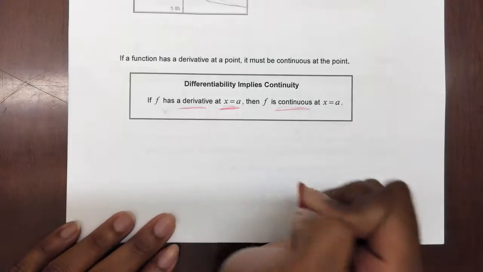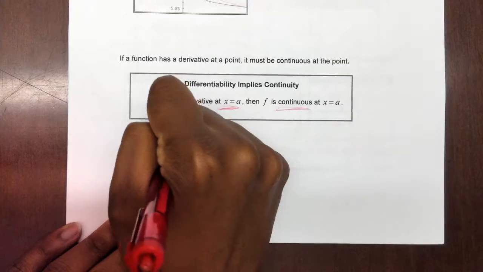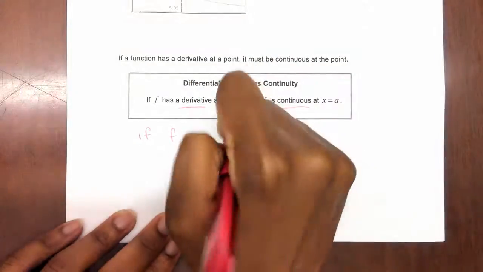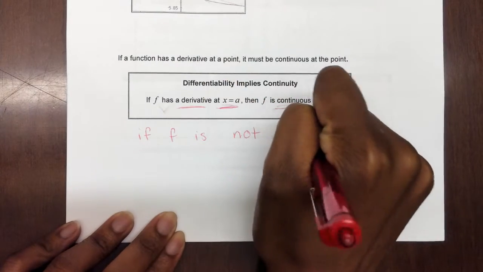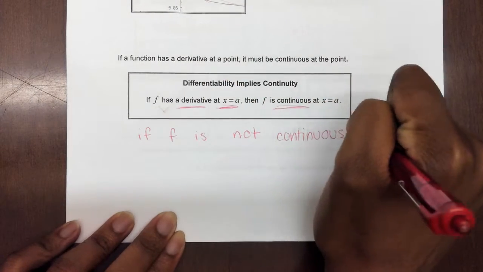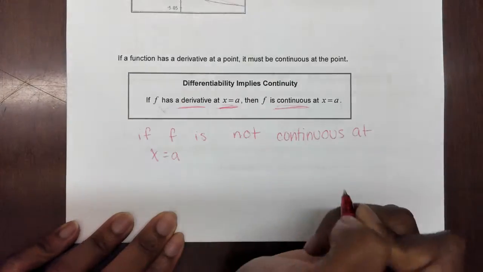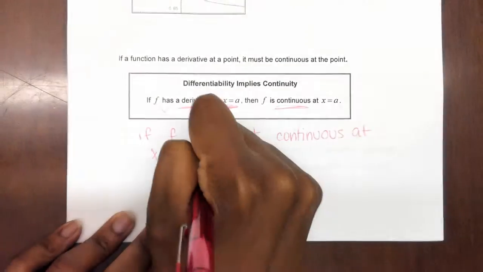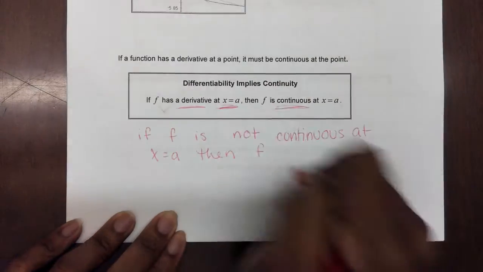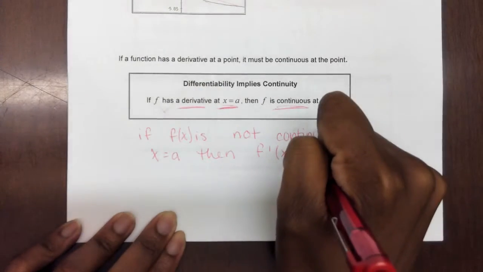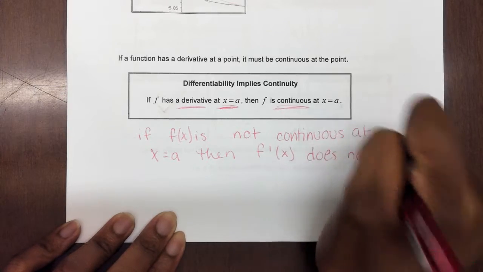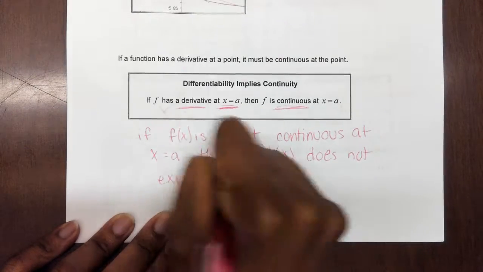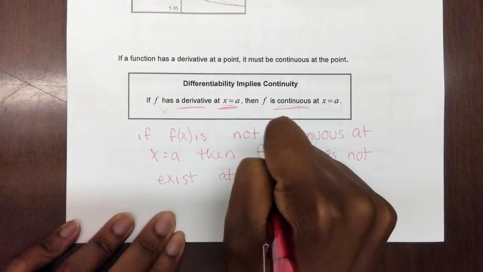So if f is not continuous at x equals a, then f prime of x does not exist at x equals a.